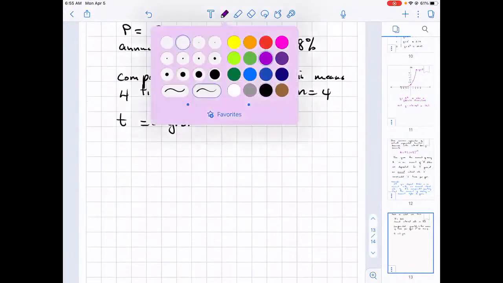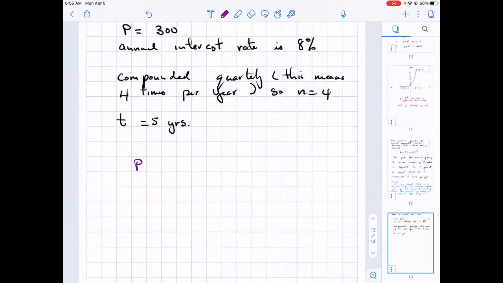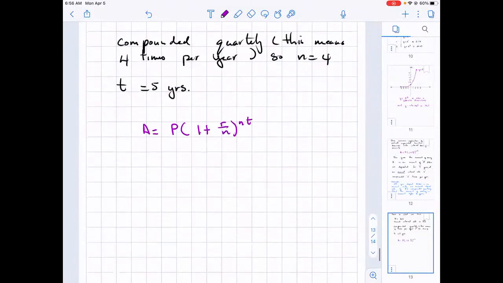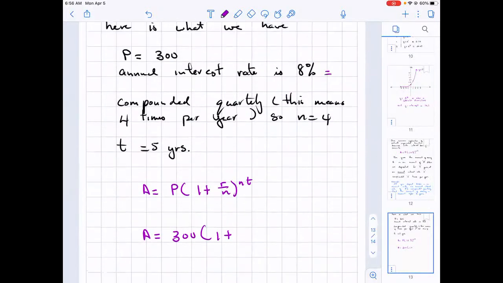So if we plug this into our formula, A is equal to P, parentheses 1 plus r over n, raised to the nt power. We have A is equal to 300, 1 plus r, 8%, and we should do this. 8% is the same as 0.08, okay?